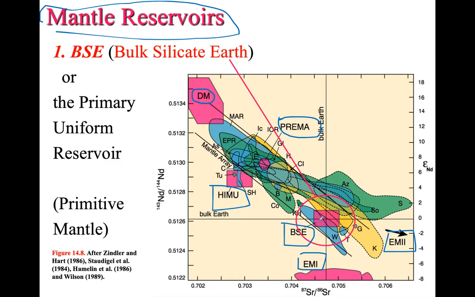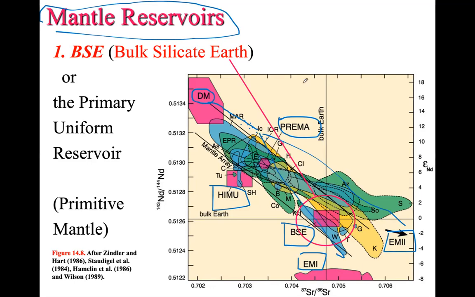So if you have a rock plotting your isotope signature somewhere here, which is linearly or systematically distributed like this, then you can consider it's a mixture of depleted mantle and one of the components, maybe EM1 or EM2 or something like that.